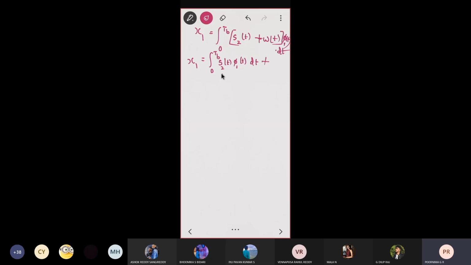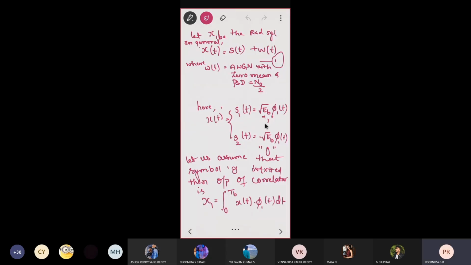Plus integration from 0 to Tb, along with the signal there is a noise also which is getting added, that is represented as w of t, into phi 1 of t dt. Further simplifying this expression, x1 is equal to integral from 0 to Tb. What is your s2? How do you represent s2 from this expression?